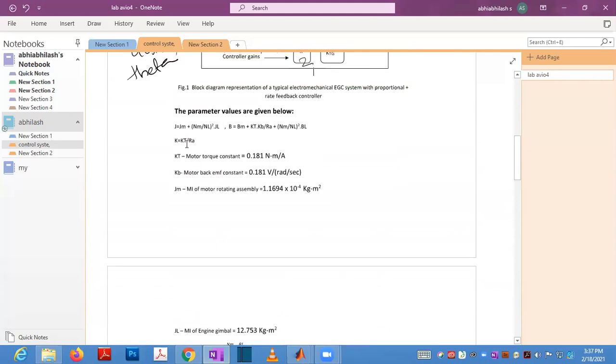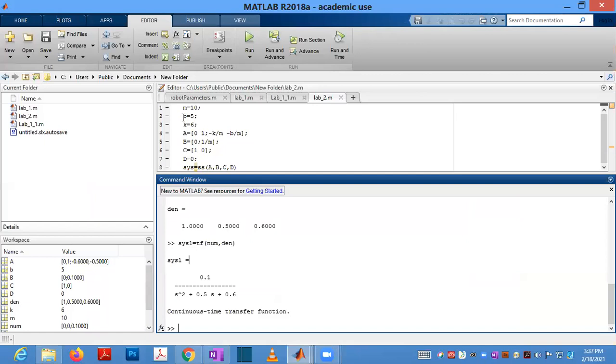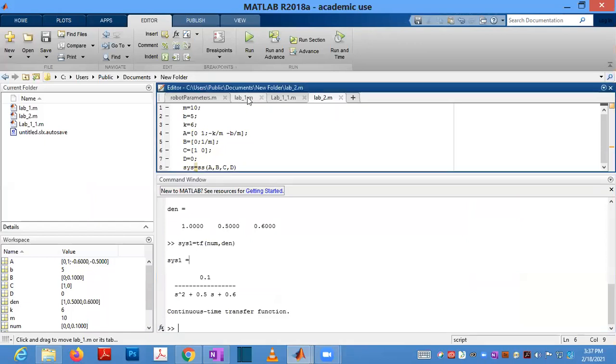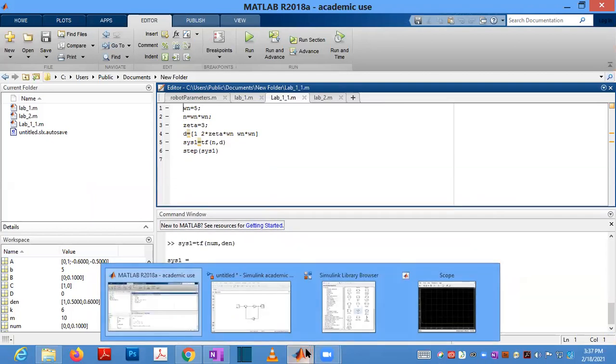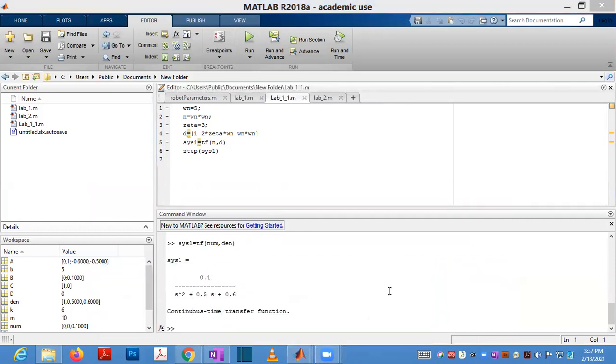After that you just do this one, just like this. So you open a script file and enter the parameters. So do it now.